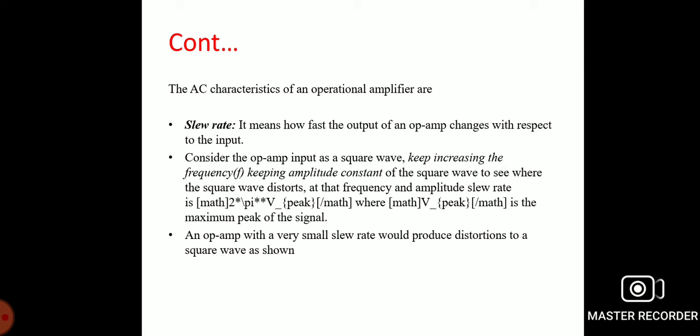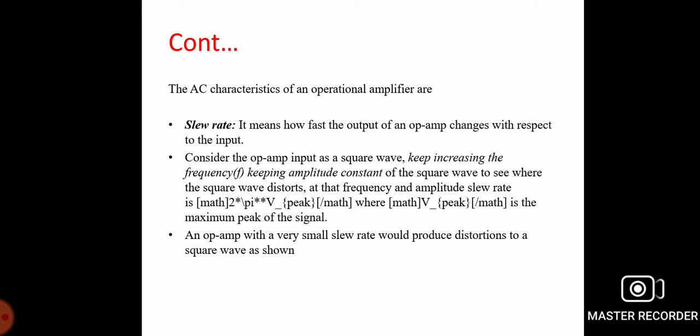The square wave gets distorted in frequency and amplitude, and the slew rate is the maximum rate of change of the signal. An op-amp with a very small slew rate would distort a square wavefront.